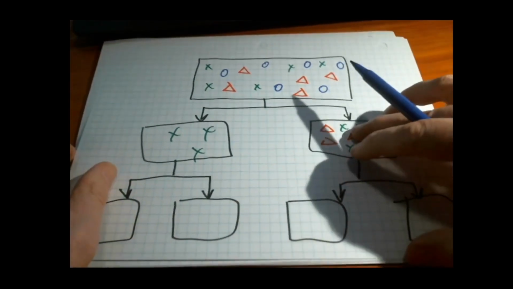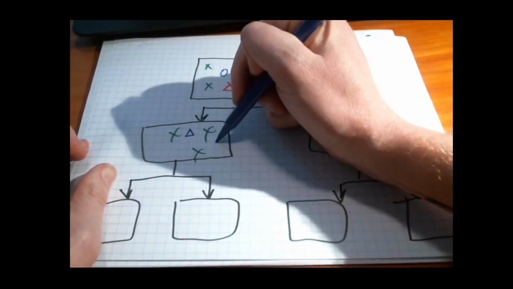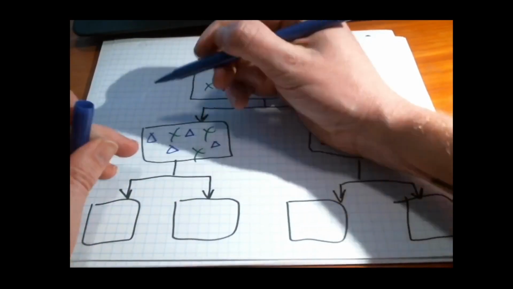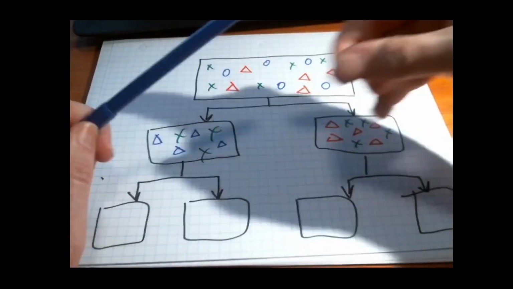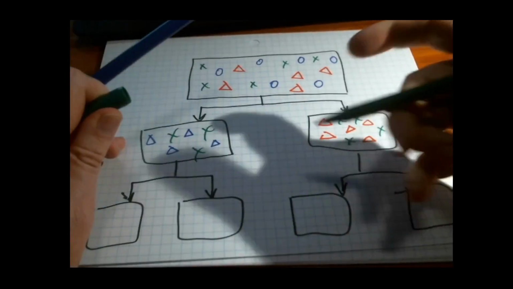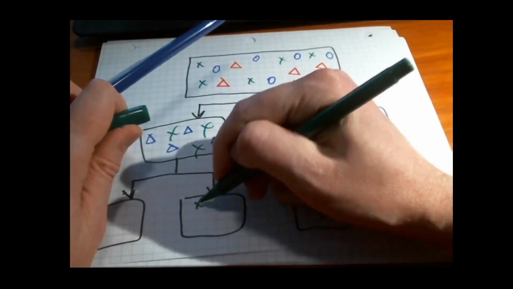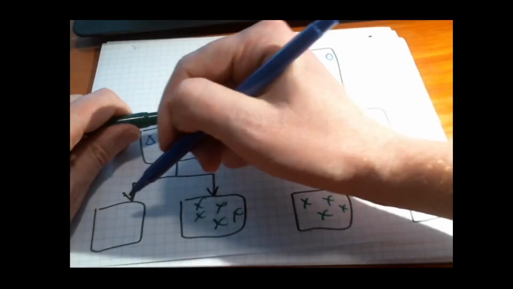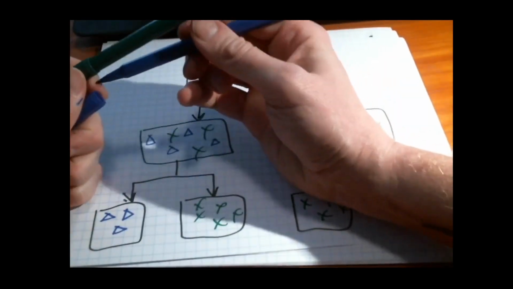Right? And these groups get split again and again until the model has minimized the entropy in each group. Right?